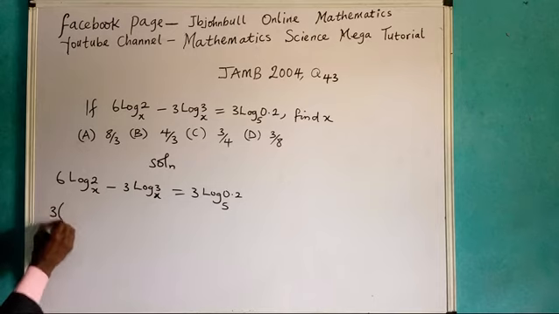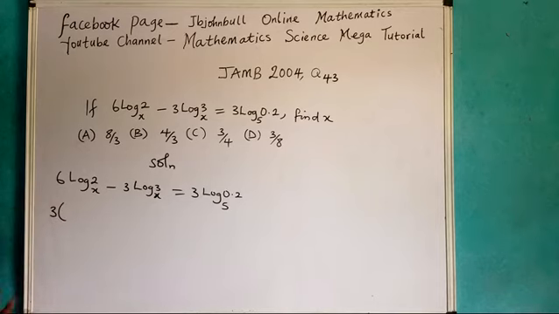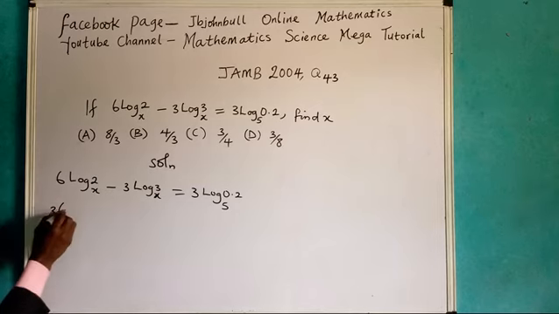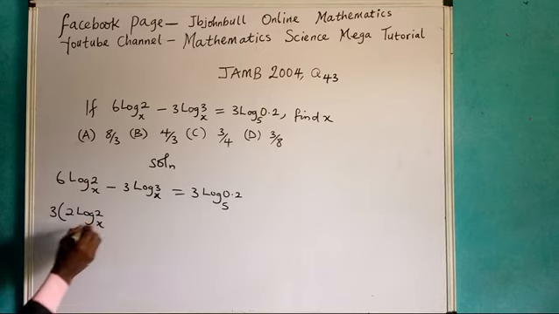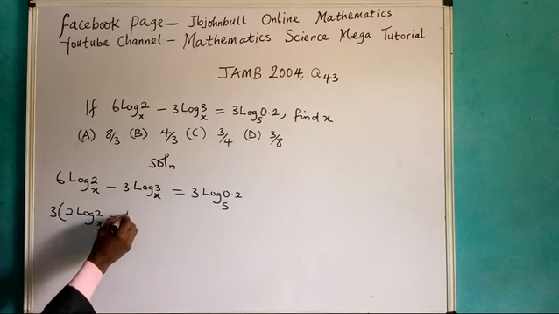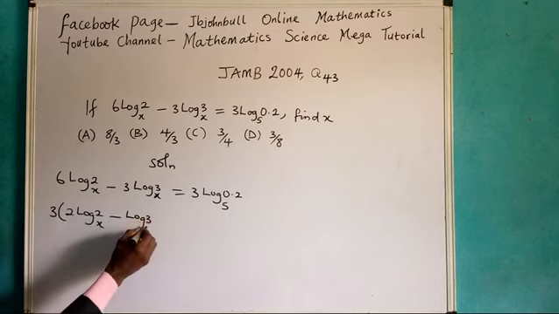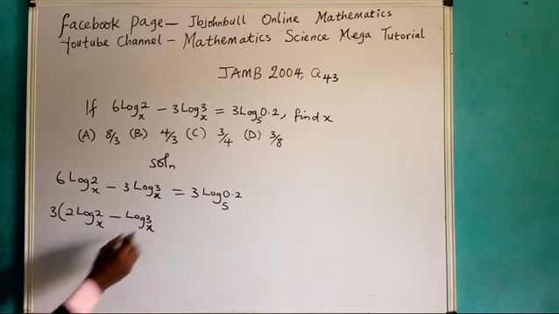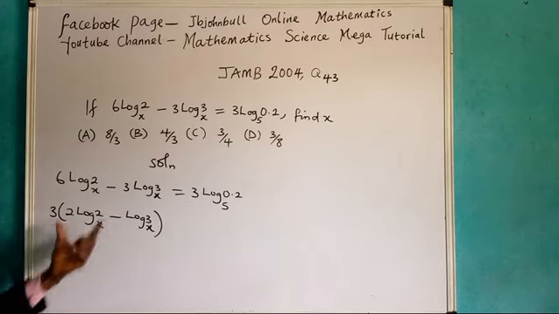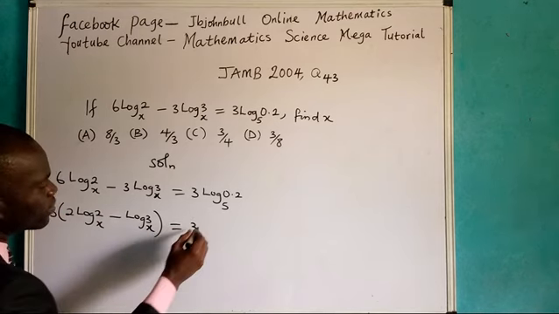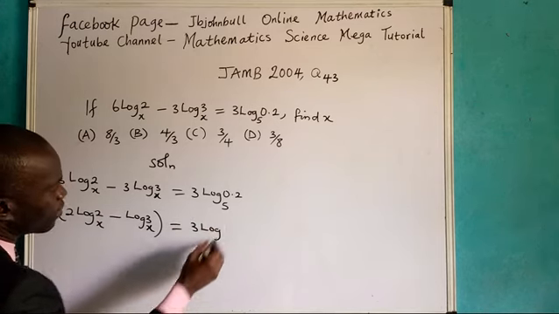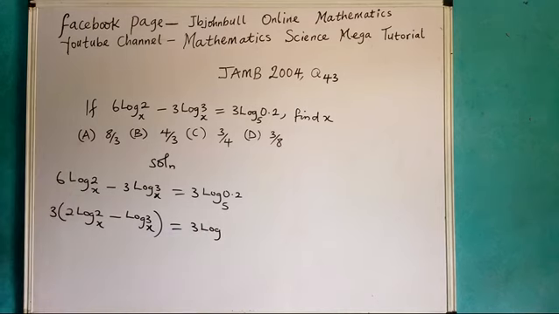I will now have 3 outside. If 3 divides 6, here will be 2 log 2 base s, and here I will be left with log 3 base s. I will put this in brackets, equal to 3 log 0.2.